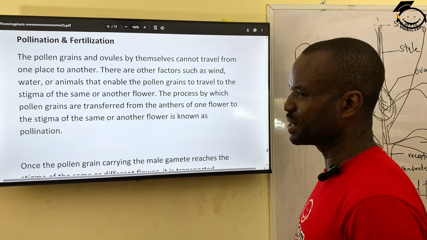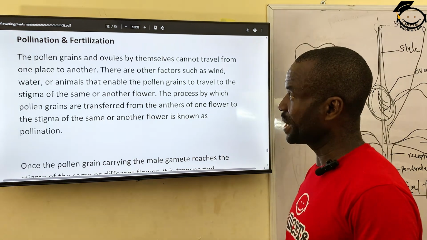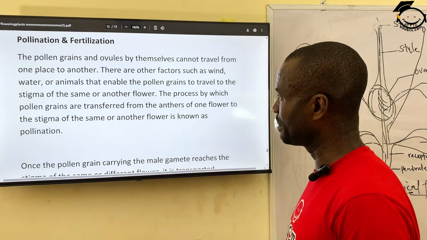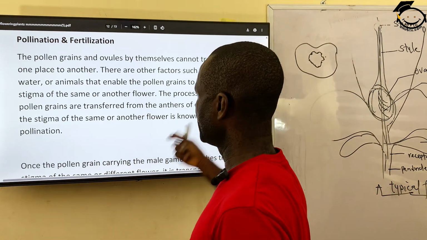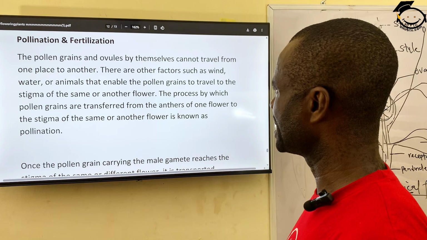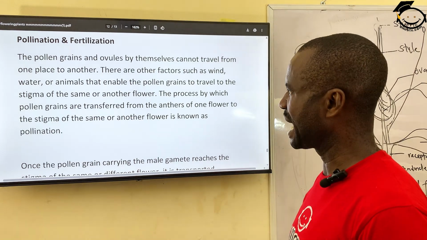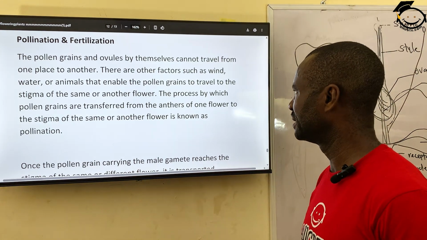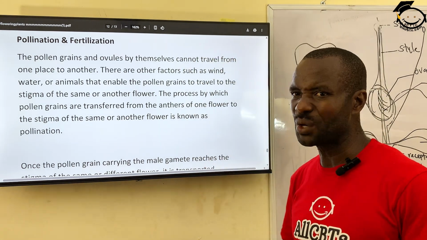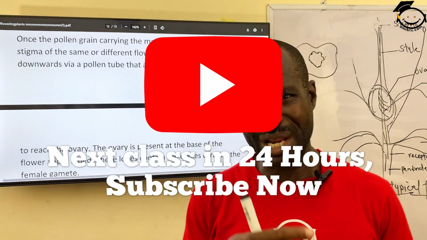When it comes to wind, we say wind pollinated flower. When it comes to water, we say water pollinated flower, or animal pollinated flower. So we either have wind, water, or animal that enable the pollen grains to travel to the stigma of the same or another flower. The process by which pollen grains are transferred from the anther of one flower to the stigma of the same or another flower is known as pollination.